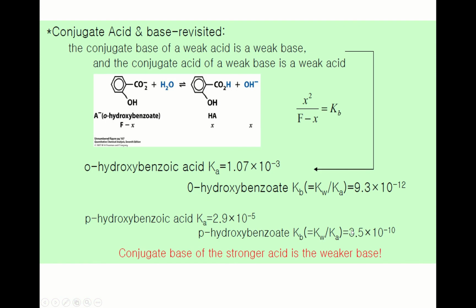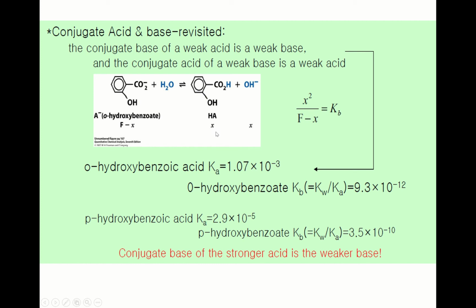Now consider this orthohydroxybenzoate. We consider this weak acid, and now start from its conjugate base. It reacts with the water, producing the hydroxide ion. In this case, we set the concentrations X, and we get this equation.